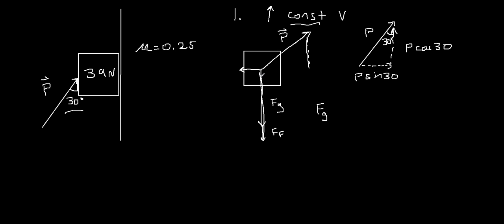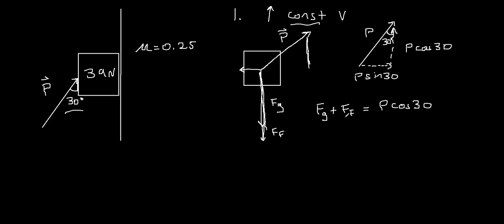Anyways, how I'm going to do it, I'm going to make this equal to this. They're going in different directions. I'm just going to omit the negative sign though. Force of gravity plus force of friction in magnitude is going to be equal to this component. So equals P times cosine 30. To give you that 0 acceleration, right?